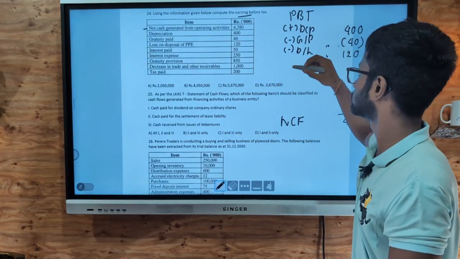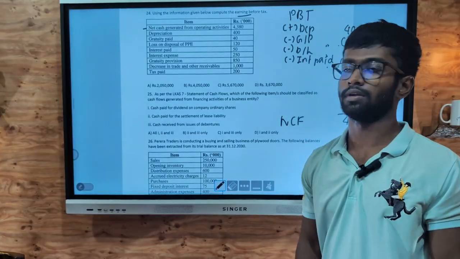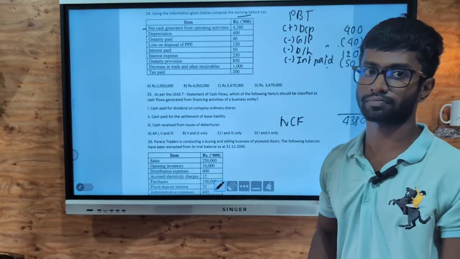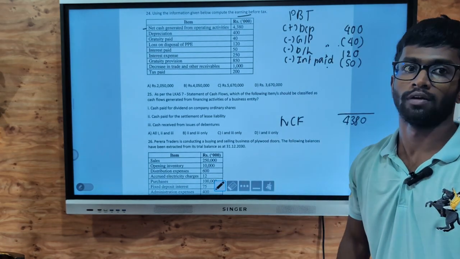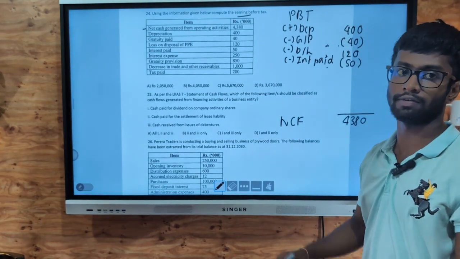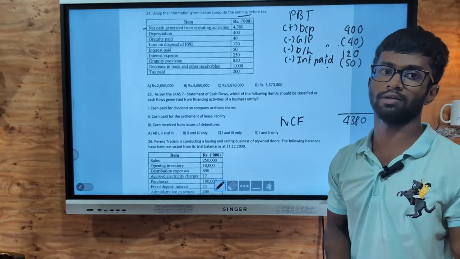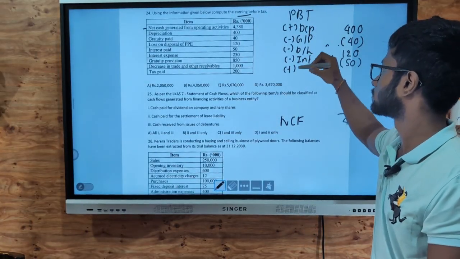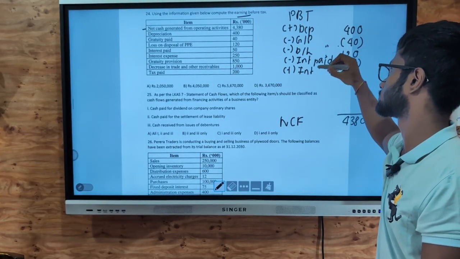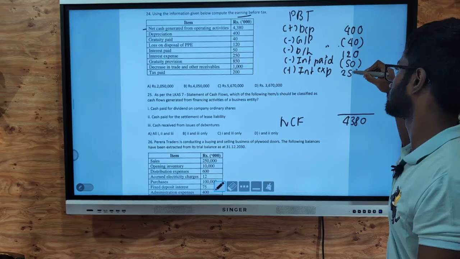Interest paid, deduct. Interest expense, keep in mind, when we calculated the profit, we deducted that, no? And we arrived at that. But here again we deduct interest paid, so then we have deducted it twice. In order to avoid that, the expense of the year you have to add back. Interest expense, which is 250.